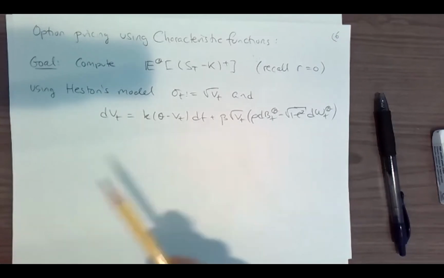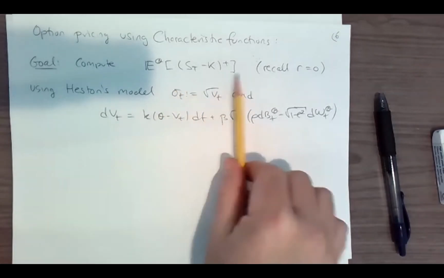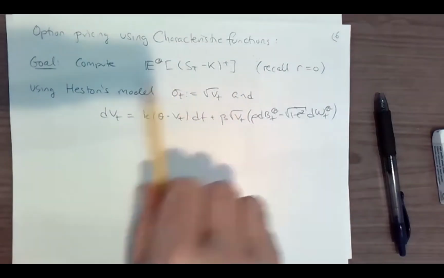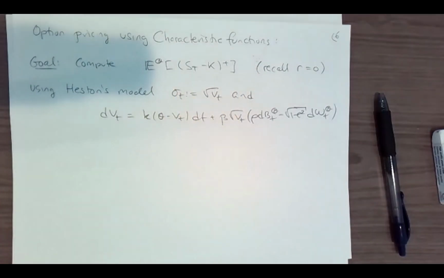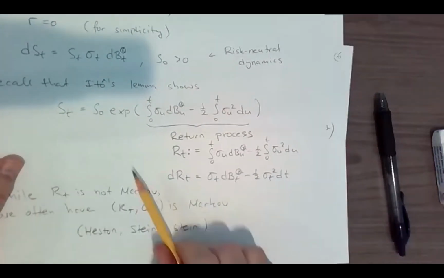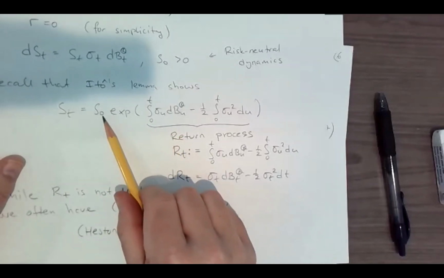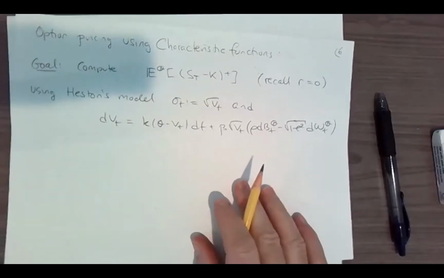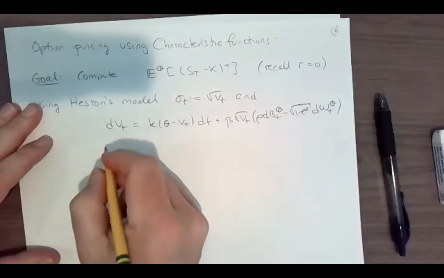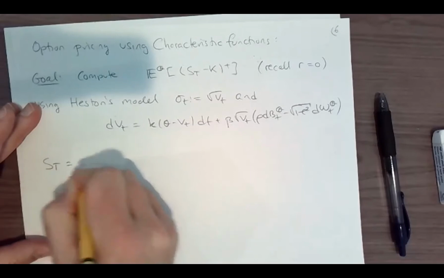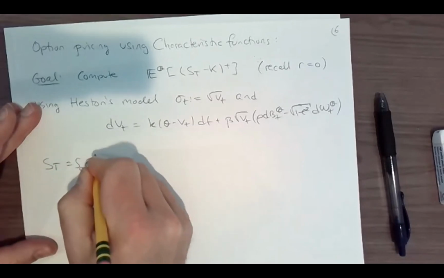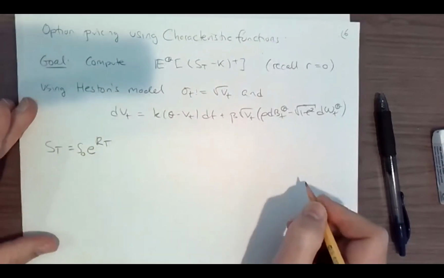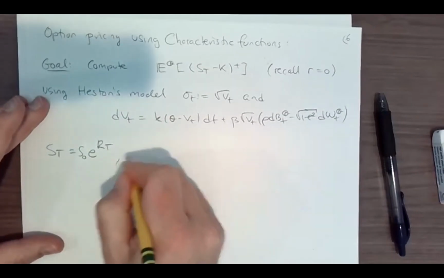And so if we had known the density function, we could write this out. But S_T is quite complicated. Indeed, S_T has this form. So it has this return in there. Recall that S_T was e to the R_T, that was the return.